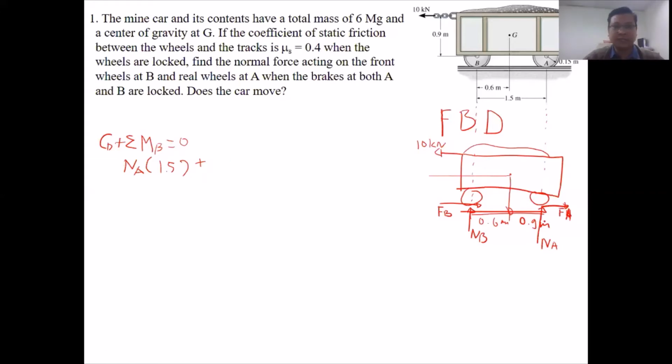We can check here. This one, 10 times 0.9 plus the radius, in meter.